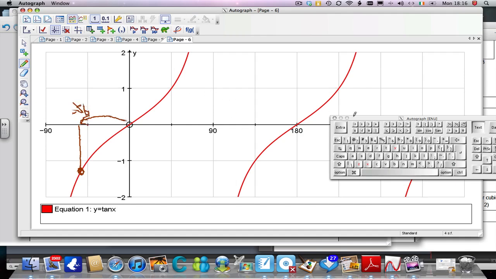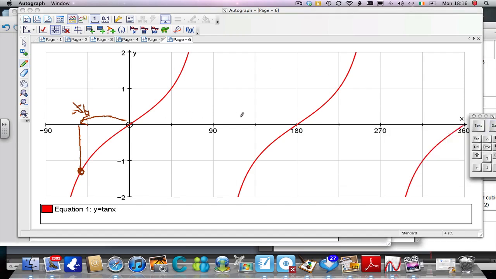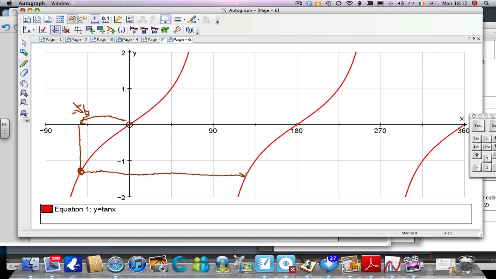Now, if we look at the graph, where else do I get a solution that is the same as this? Drawing a line straight across, you can see that if I take 56 away from 180, we should get the same solution. And if I take 56 away from 360, I should get the same solution.